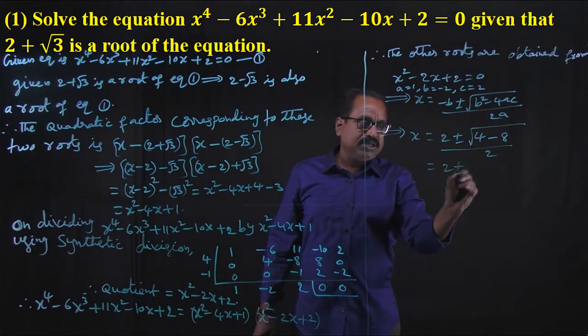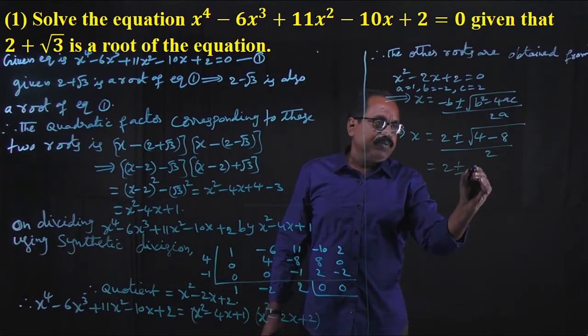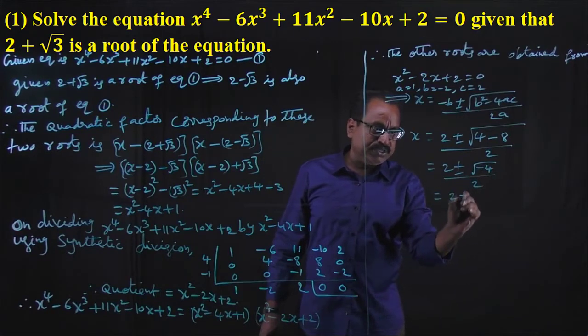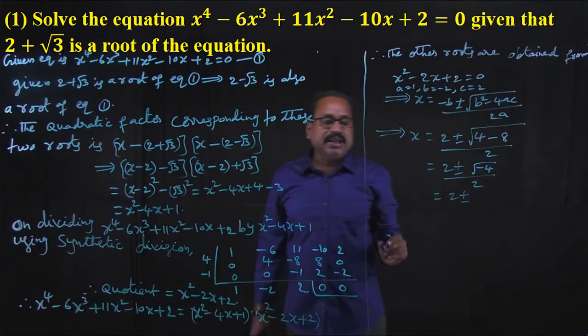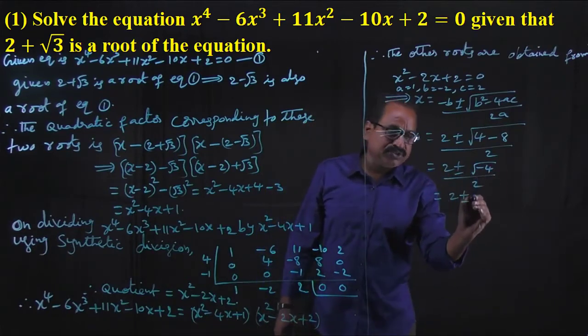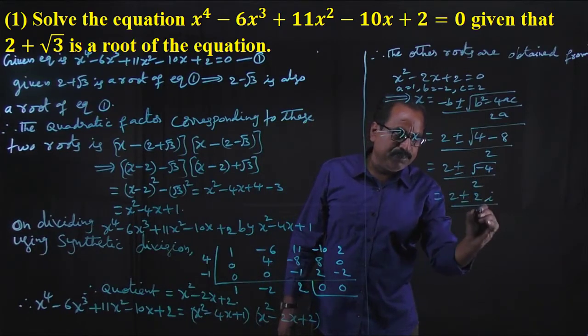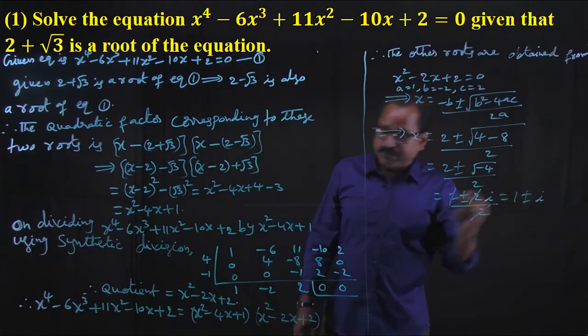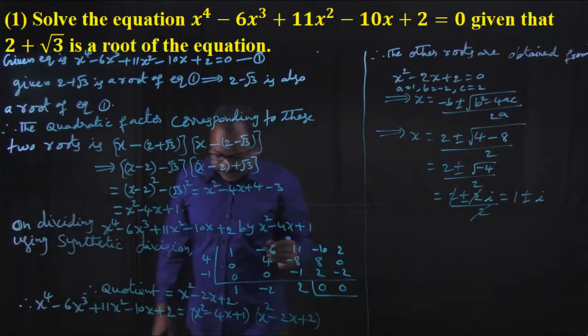So 2 plus or minus square root of minus 4 by 2. That can be written as root of 4i square, 2i by 2. Here 2 gets cancelled. That is equal to 1 plus or minus i.